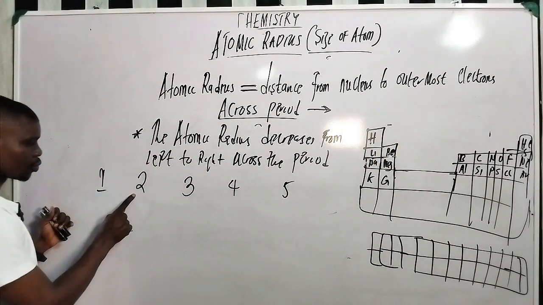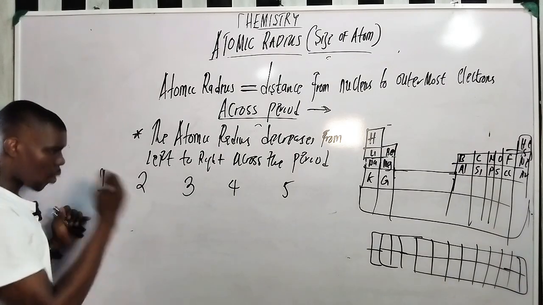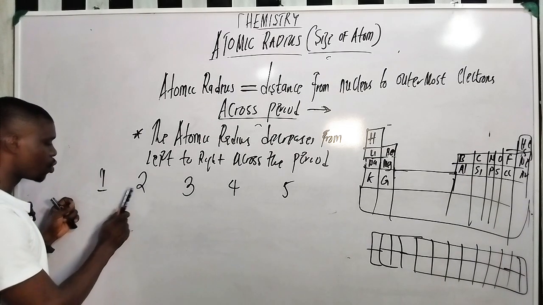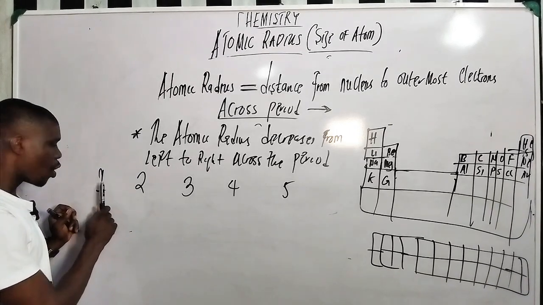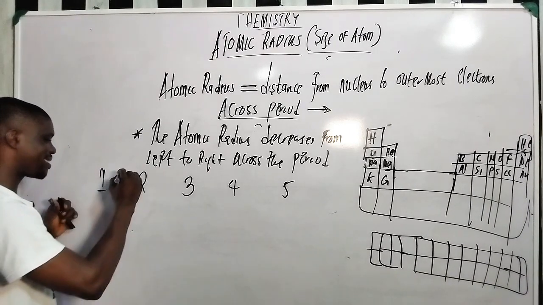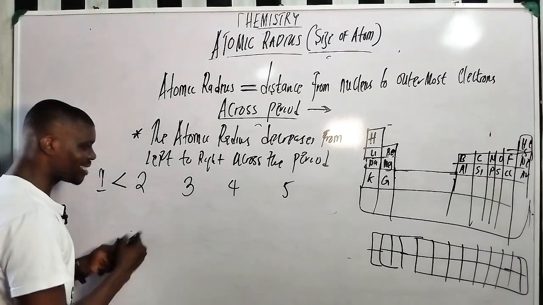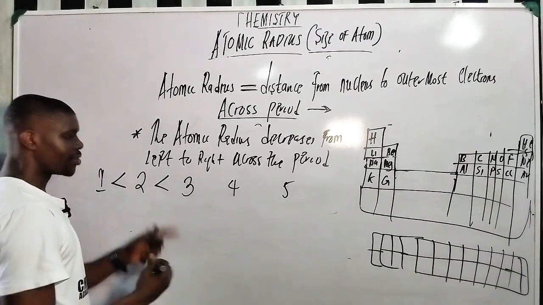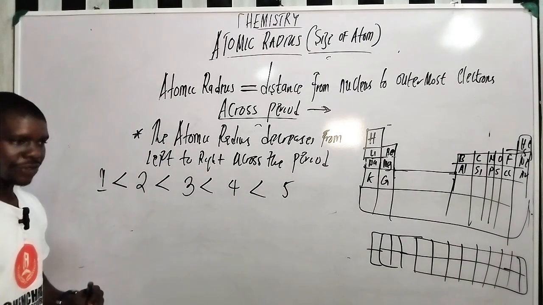Now if you want to use the greater than or less than sign, look at 1 and 2. Is 1 greater than 2 or less than 2? Of course, 1 is less than 2. So 1 is less than 2, 2 is less than 3, 3 is less than 4, 4 is less than 5.